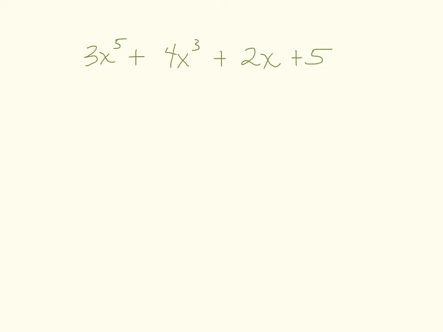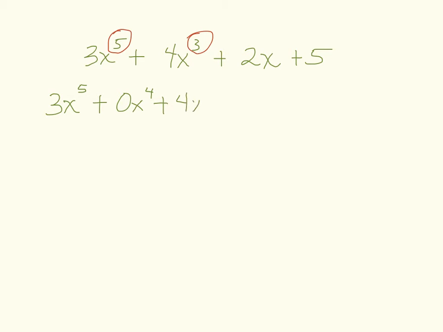Now what I mean by missing is, notice this expression has a 5 as the exponent. This expression has a 3 as an exponent. Notice there is no exponent of 4 anywhere in there. So what we have to do is insert the missing exponents. And how do you do that? Well, you rewrite the expression 3x to the 5th plus 0x to the 4th. It may not seem to make sense to you right now, but it's necessary.